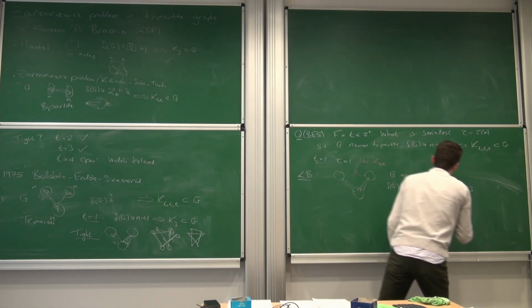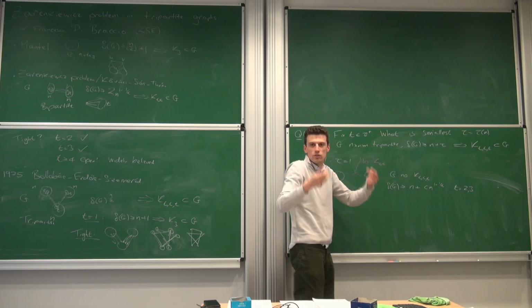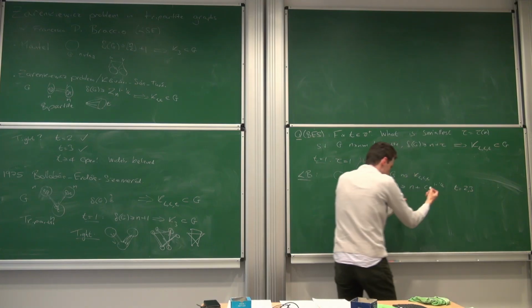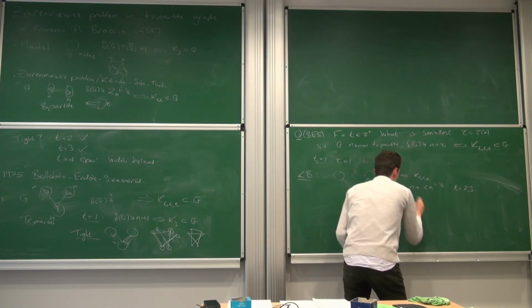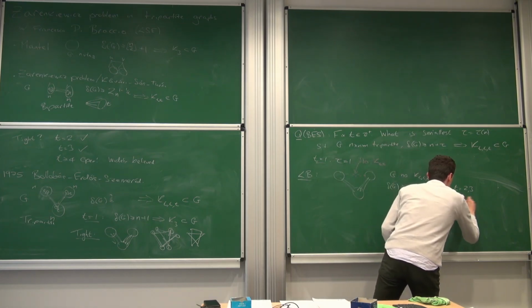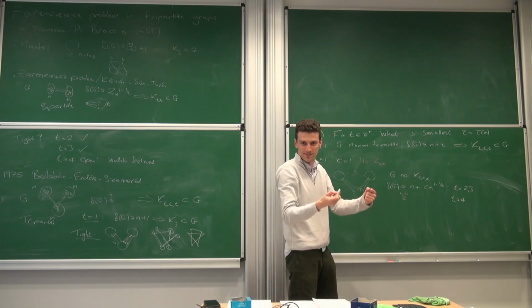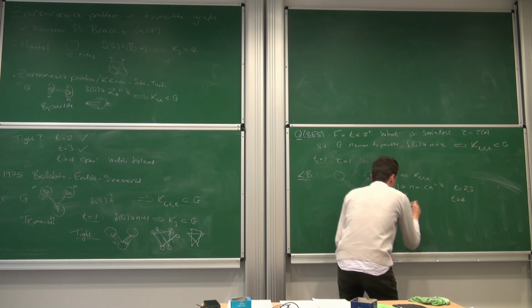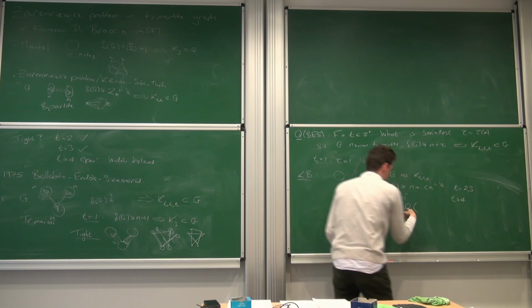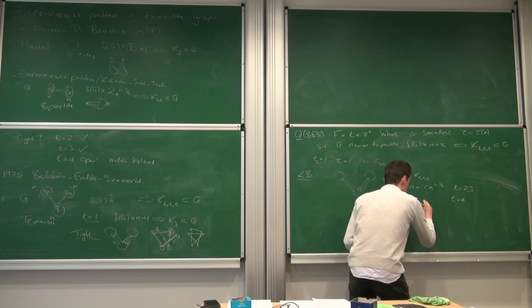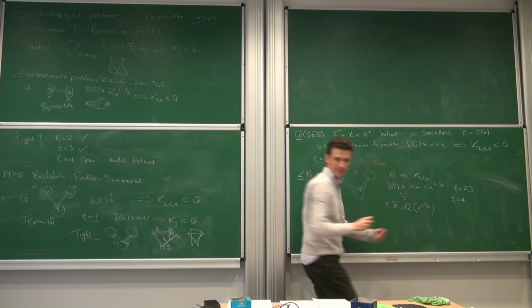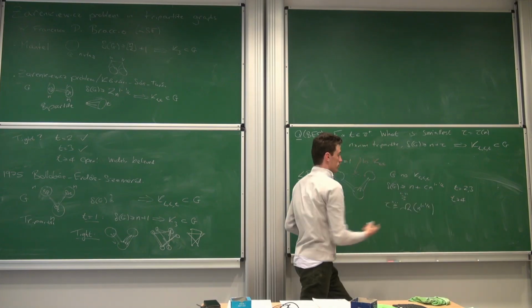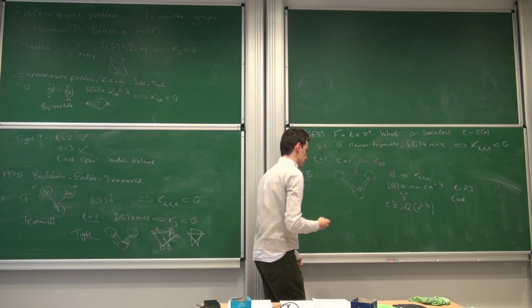For larger t, everyone believes we can do this. So the lower bound is that tau is at least a constant times n to the power of 1 minus 1 over t. Conjecturally, and certainly for 2 and 3, this is definitely a lower bound.